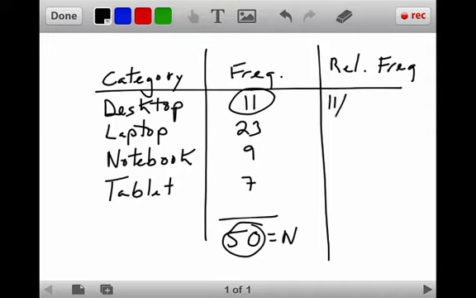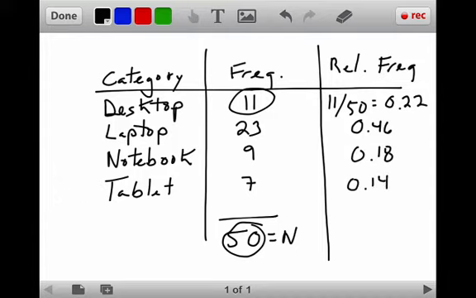So basically 11 divided by 50, and it would give you a relative frequency of 0.22. And you could do the same thing for each category. So 23 divided by 50, you would get an answer of 0.46. For notebook, you would get 0.18. You would get 0.14 for tablet.